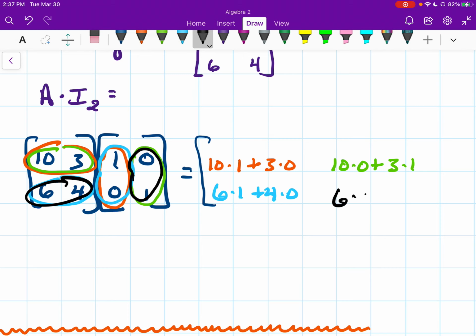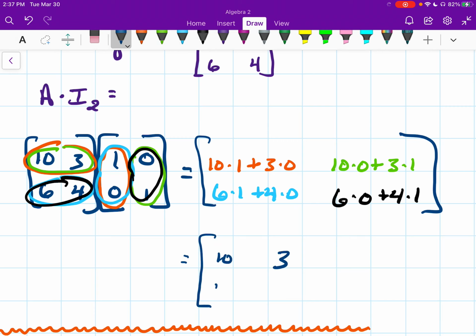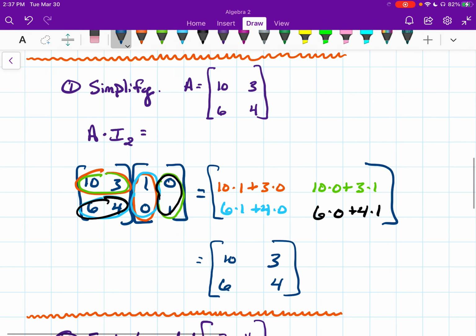Then lastly, 6 times 0 plus 4 times 1. When we simplify that, we get 10, 3, 6, 4, which is matrix A that we started with, right?